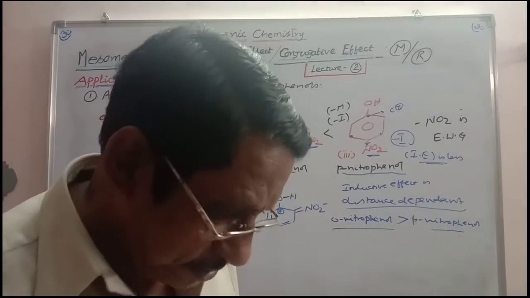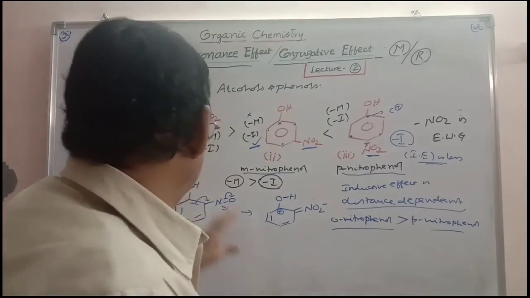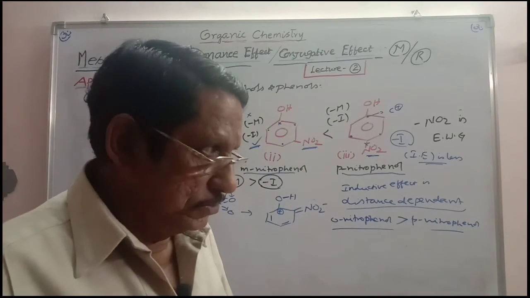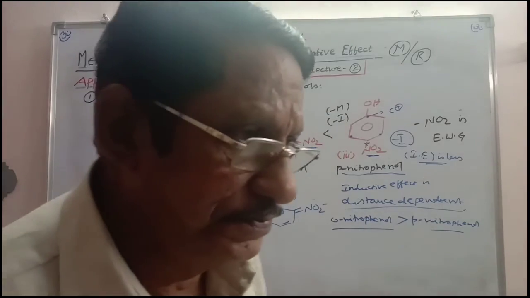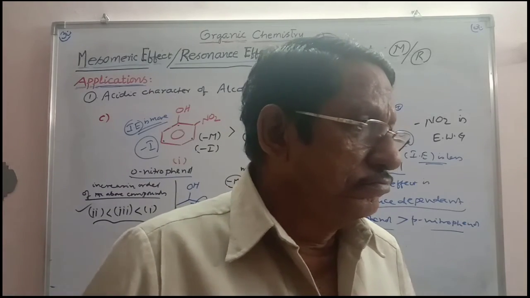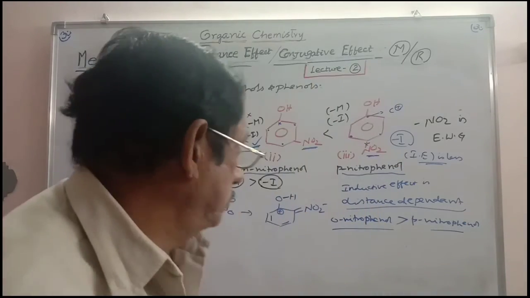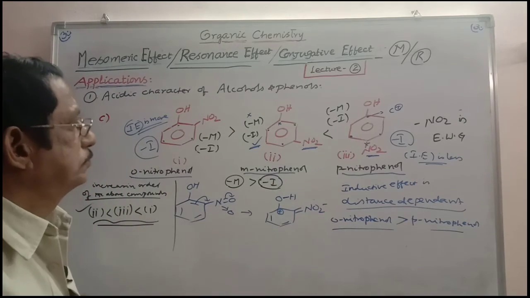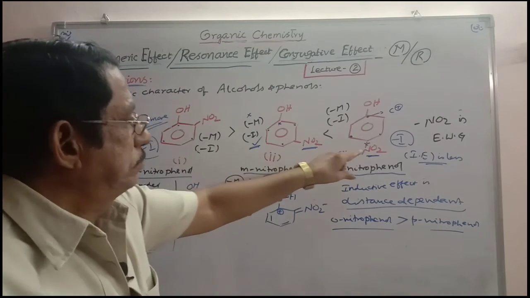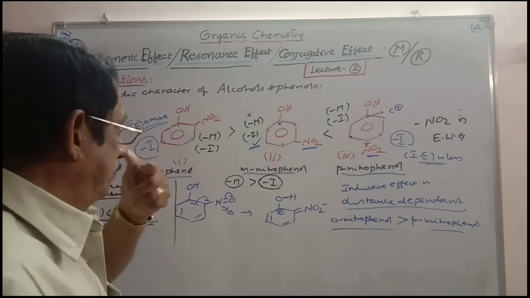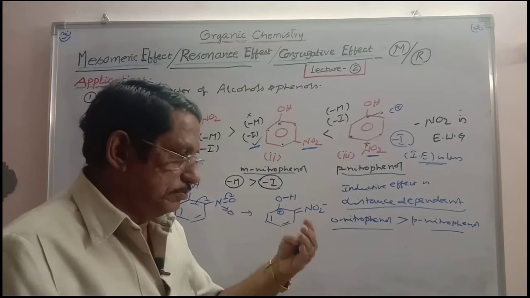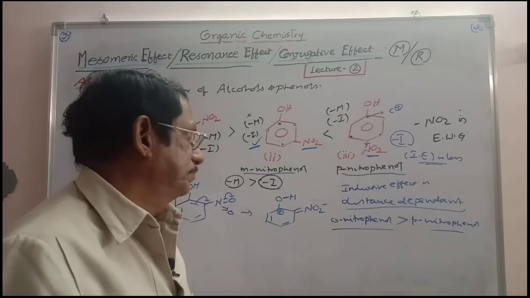Students, in this case of nitrophenols, one correction is to be made. Theoretically speaking, this is the order: paranitrophenol, orthonitrophenol, in which both plus and minus mesomeric effect is operating.